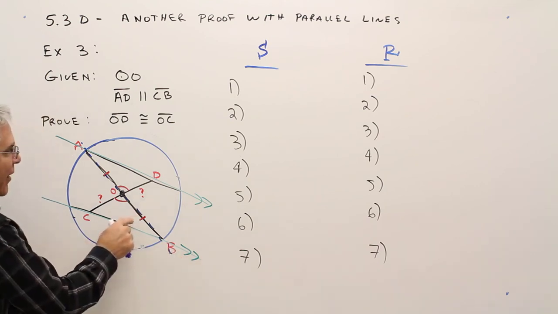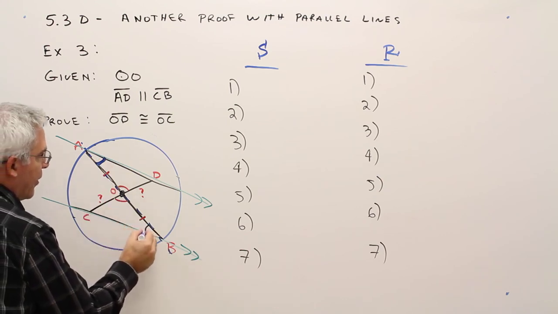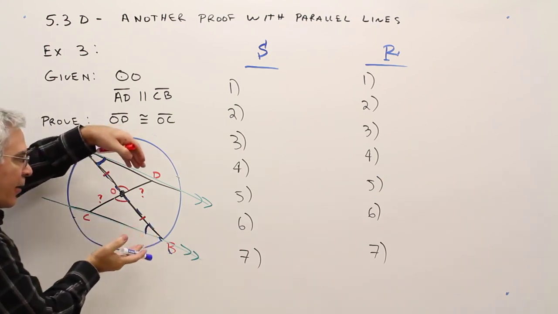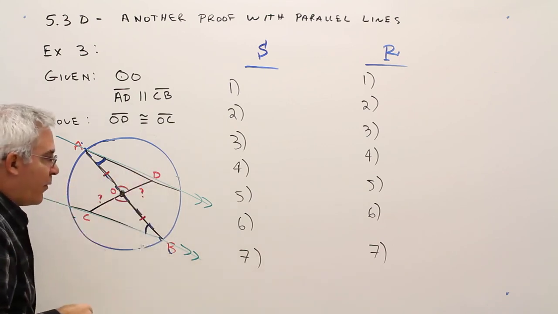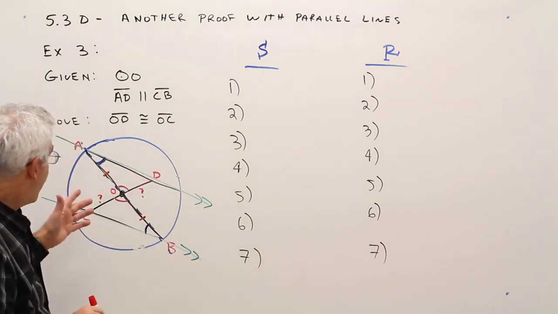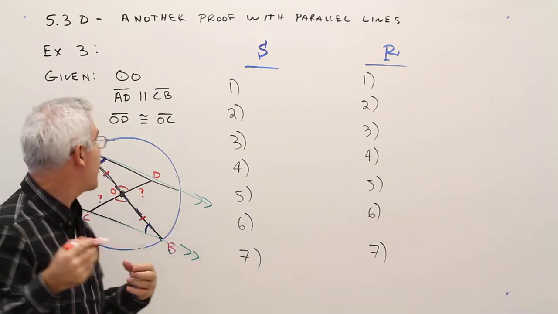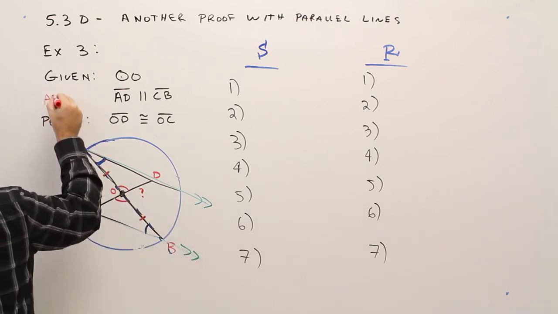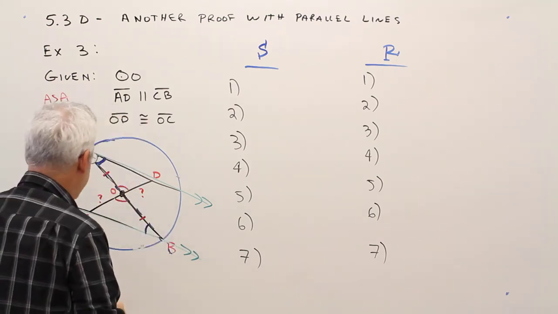So if that's my transversal, I will be able to get this angle here congruent to that angle there. They're on the interior and alternating sides of the transversal. So based on that, angle side angle. I now have clear direction. I'll just write down angle side angle as my guideline, and now let's do the proof.